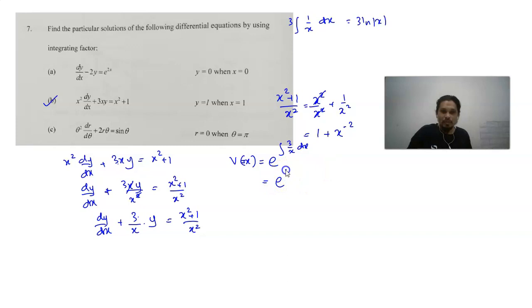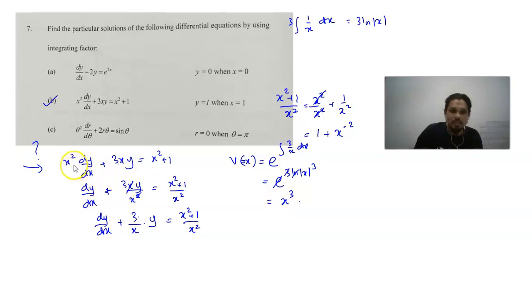So e to the power of 3 ln x. Using the log rule, bring the 3 up, and e with ln cancel each other, giving x cubed.